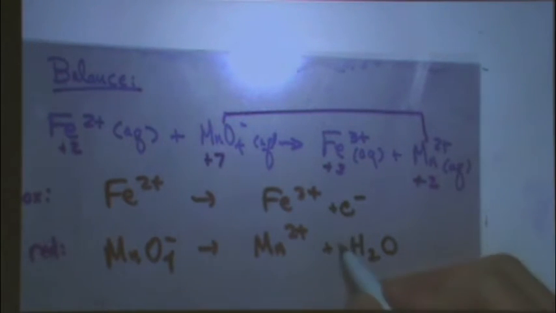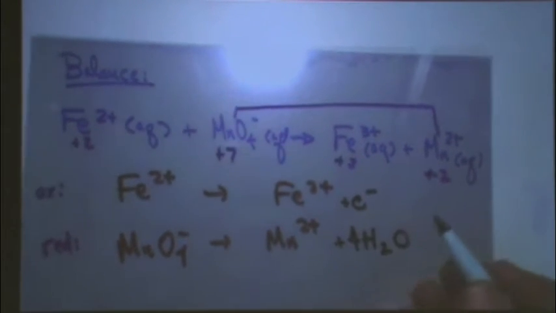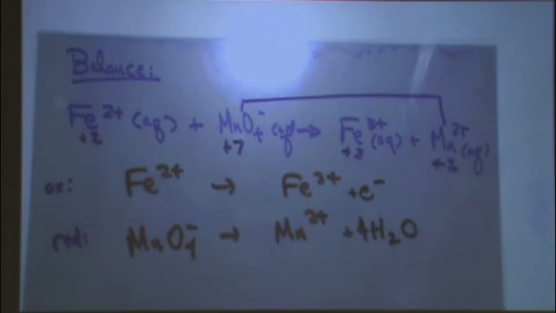Water balances the oxygen. Make sure you get that right. I need 4 of them. Some people write O or O2 instead of water, and that's totally way off base. So make sure you don't make that kind of common mistake. By the way, before the exam, I'll send you a list of all the common mistakes for exam 1, so you know what those are, and hopefully don't do that.